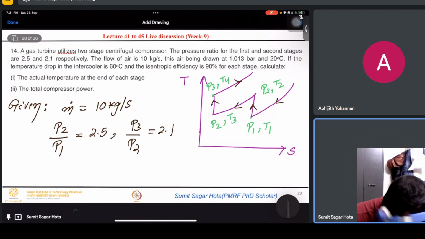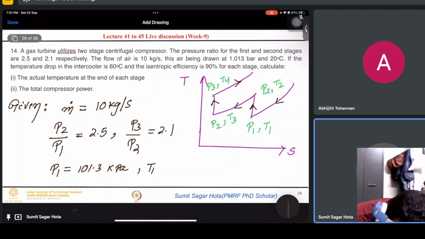Then what are the other things given? P1 is also given: 101.3 kilopascal, because 1.013 bar is given. T1 is 293 Kelvin. Some temperature drop is also given, the temperature drop in the intercooler. Intercooling is the reason why this pressure is constant, P2 from T2 to P2 from T3.